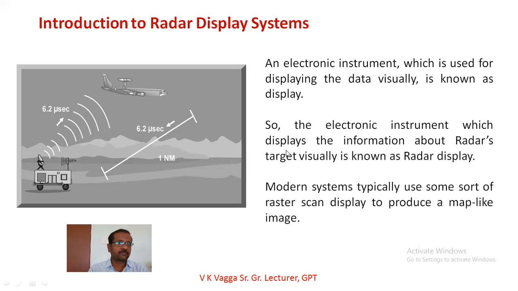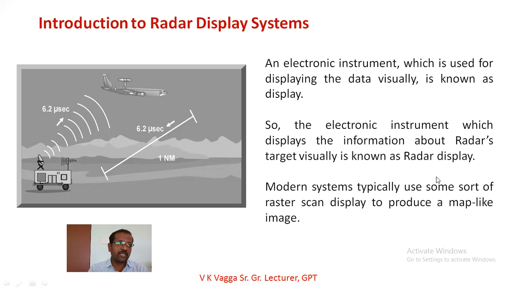Understood the definition? If any information is displayed on the screen, either on the CRT, the LED, or the LCD, which is visually seen, it is known as the display. And if the information is about the radar's target, it is called the radar display.